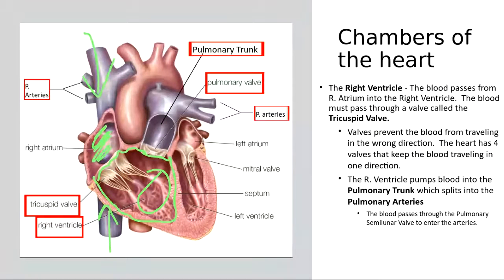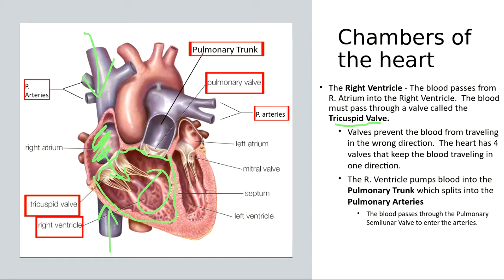The valves are there because the valves will prevent the blood from backing up. It'll prevent the blood from going in the wrong direction. So as blood passes through, the valve opens and then it closes, so the blood can't go backwards. All right, so that valve, we call it the tricuspid valve.